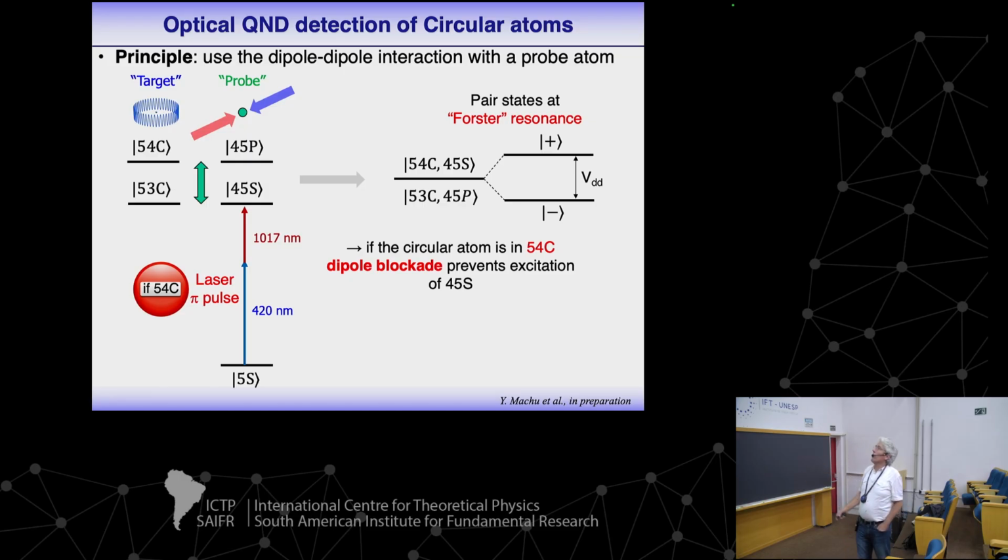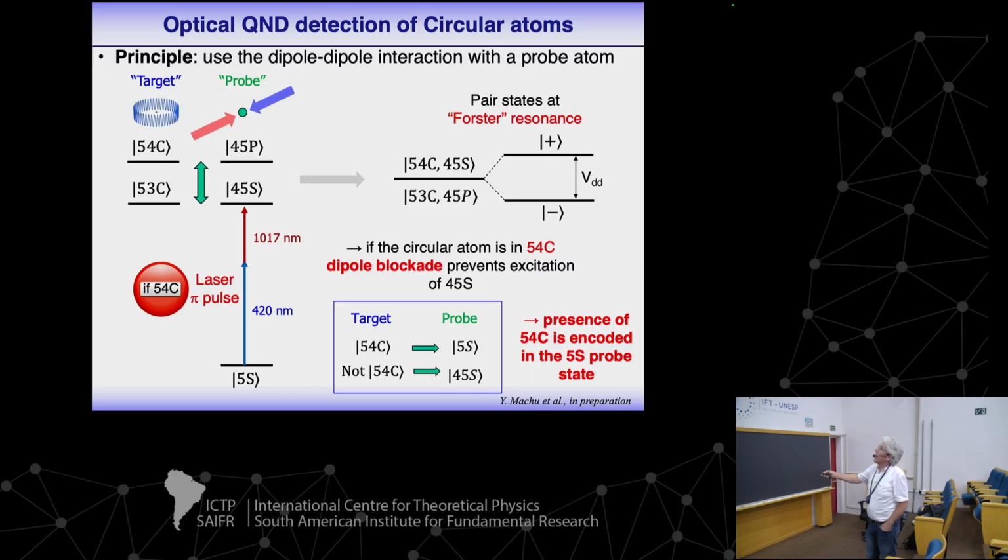On the other hand, if the circular atom is prepared in a state which does not belong to this multiplicity, and that's why we consider the 52 circular state as the other spin state, the 52 circular level will not lead to this blockade. And then, if you look at the state of the probe, you may discriminate whether you have prepared the circular atom in the 52 or 54 circular state.